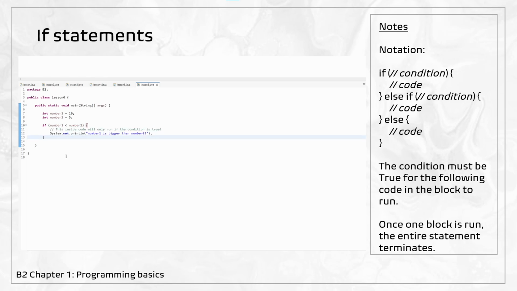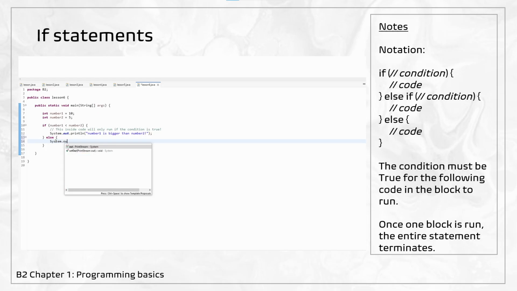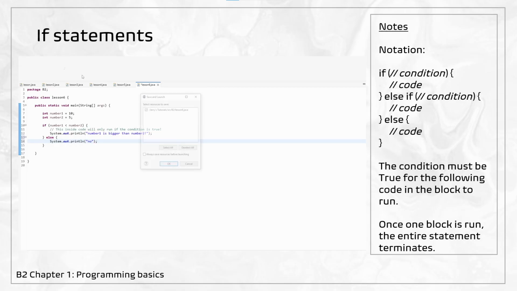You can also use an else statement like this. Now what this does is, this only runs if the preceding if statement is false. So let's write system.out.println, and let's just write "no", for example. And now if we run the code, we can see that no is printed because this if statement was false. What you can also do is you can say else if.